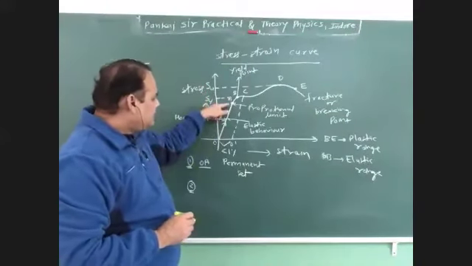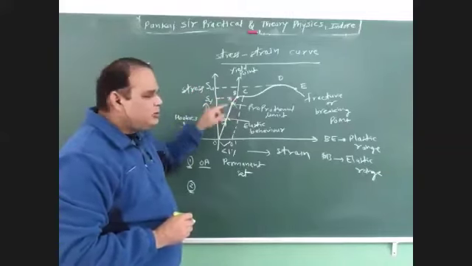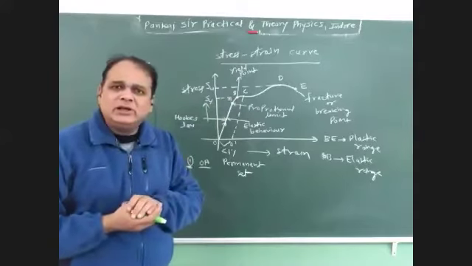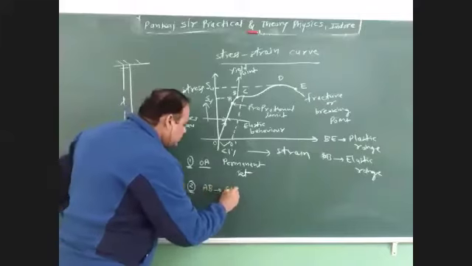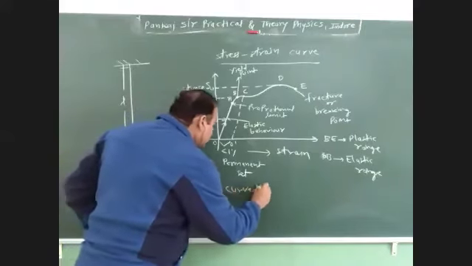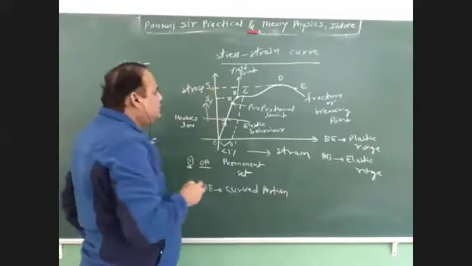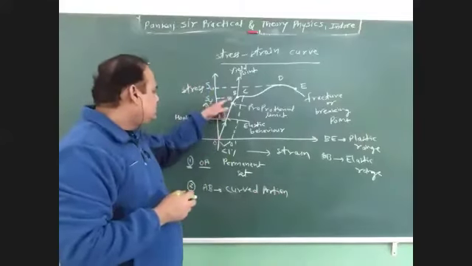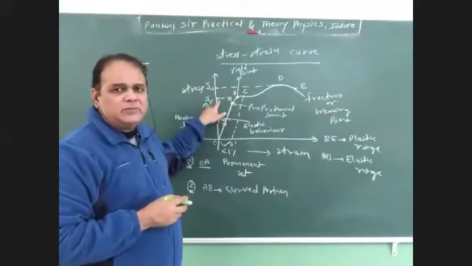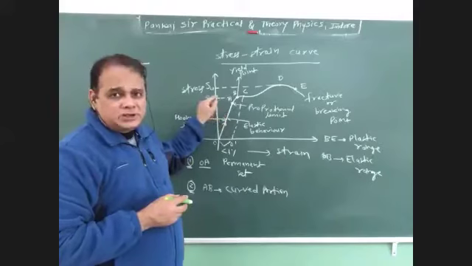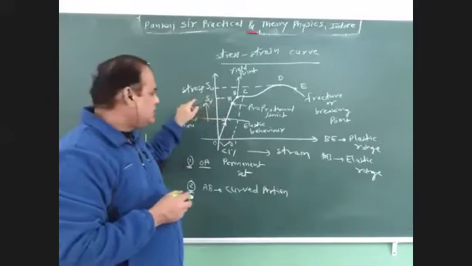After A, if stress increases, now from A to B it is not a straight line, it is a curved portion. From A to B, it is a curved portion, and B is known as yield point, and the stress corresponding to point B is known as yield stress, or sometimes also called yield strength.